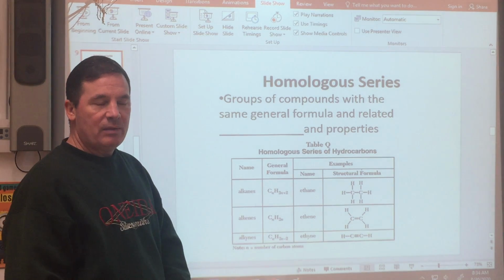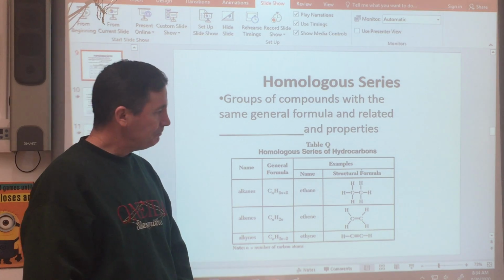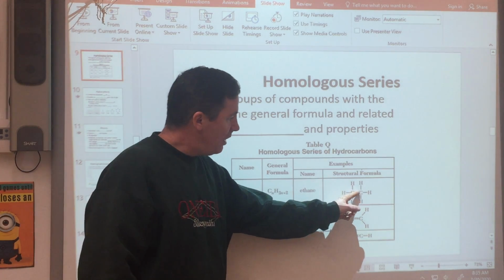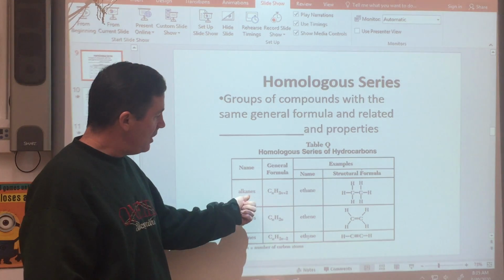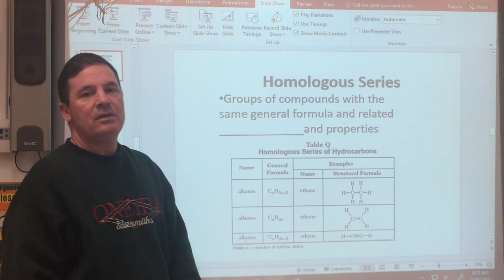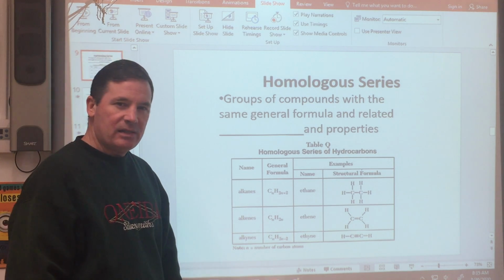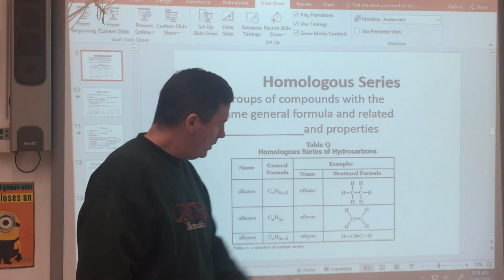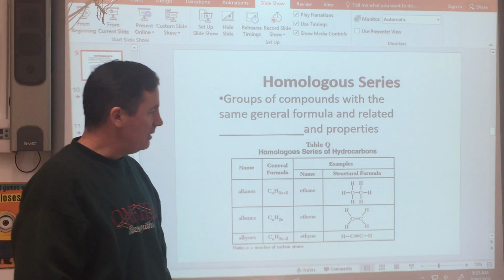On Friday we named a few of them, but it's going to get a little bit more complex and fun. If there are carbon-carbon single bonds and only single bonds, it's called an alkane. If there is at least one double bond between carbons anywhere, it's going to be an alkene. And then later on, we'll also learn that if there's a triple bond, it's called an alkyne.